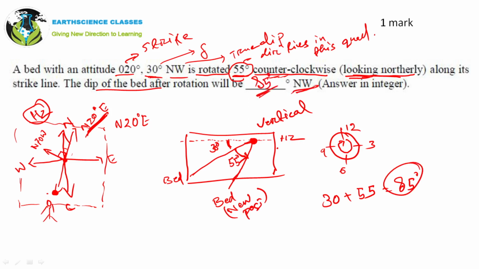The direction is northwest because you have not changed the direction. You have only changed the dip amount. Dip direction is the same. You have not rotated its strike or dip direction. You have only rotated the bed in the vertical plane. That means you are only changing the dip amount. Okay, so it's 85 degree.